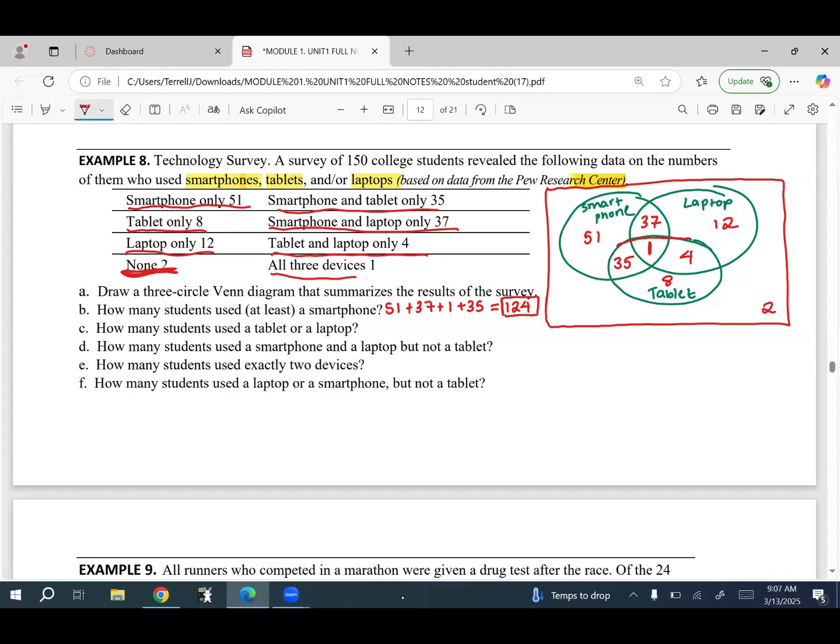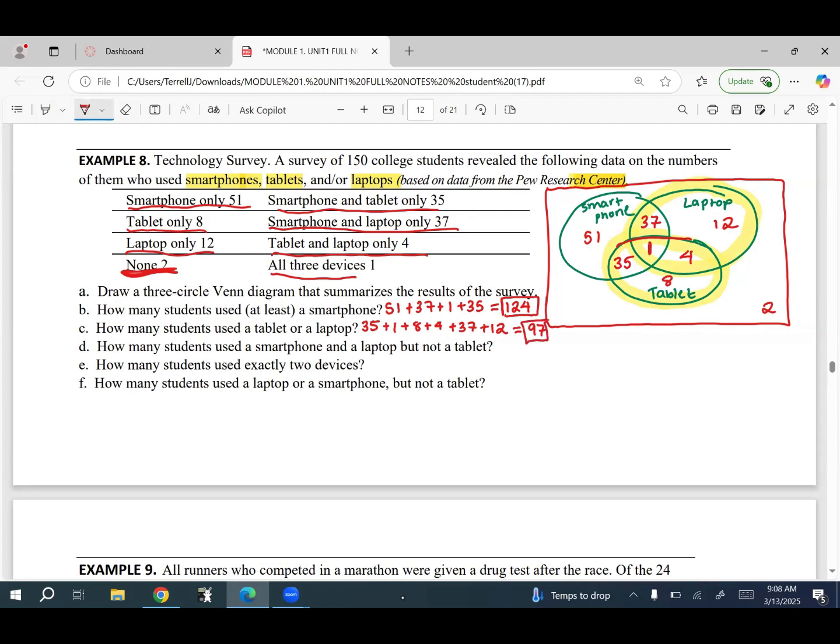Tablet or laptop, so it can be either or. So that's 35 plus 1 plus 8 plus 4 plus 37 plus 12. And if you add those values, you should get 97.